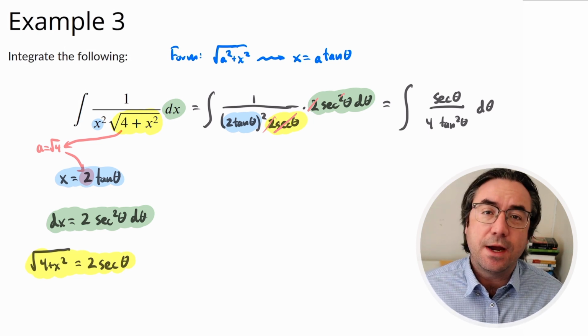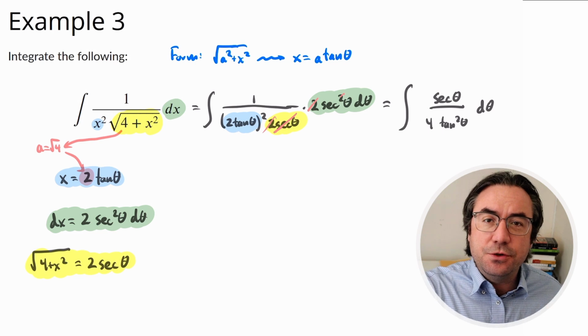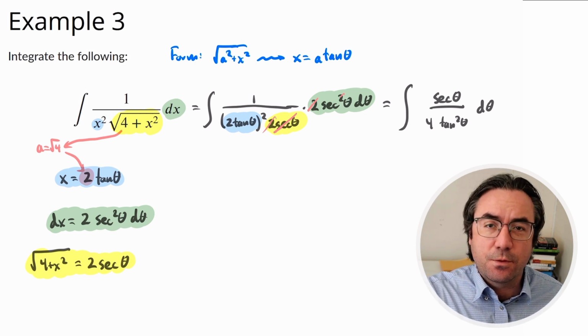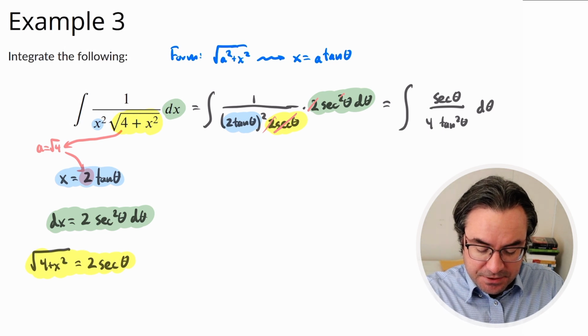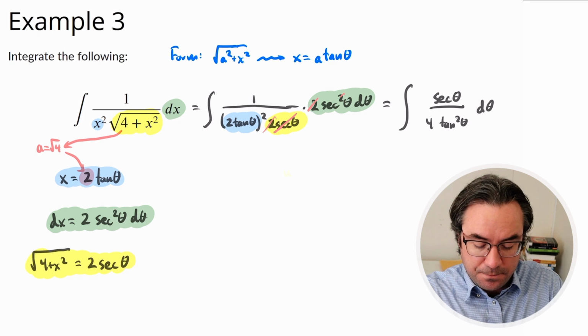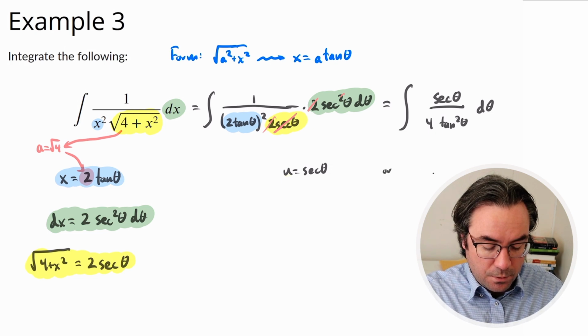We could try u-substitution. So our 2 standard substitutions that we look for with a power of secant or tan is we let u equal secant, or we let u equal tangent.